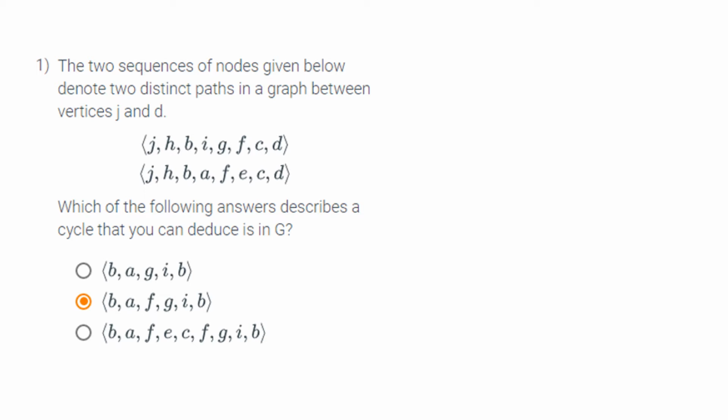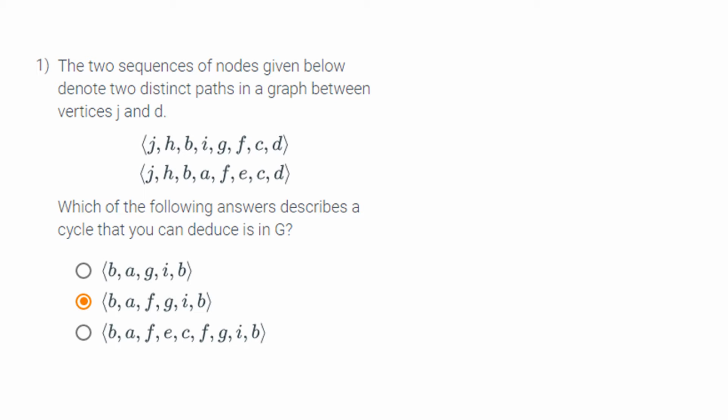So we can see that we could go from B to A in that second path. We could go B to A, then A to F. Now, B to A, then A to G would be the next. Now there's no way to get to G from A, right? Because the only way to get to G in the first path is either by going through I or F. And there is no G in the second path.